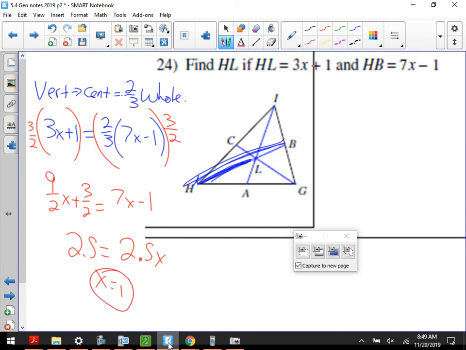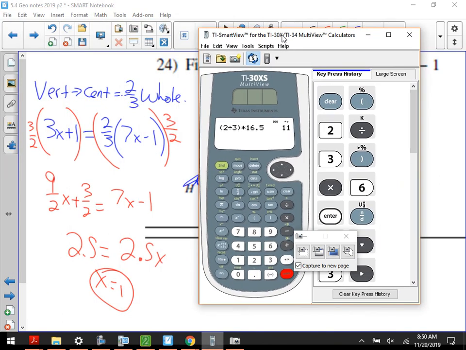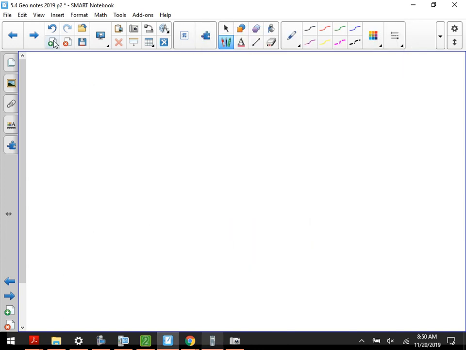And then it said find HL. So what's 3 times 1, add 1, you get 4. Also, like I said, you have a calculator. If you type in 2/3 of 7, 3x plus 1 was 2/3.